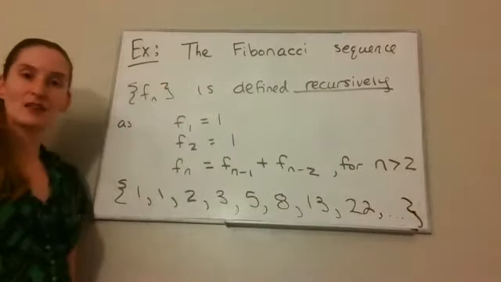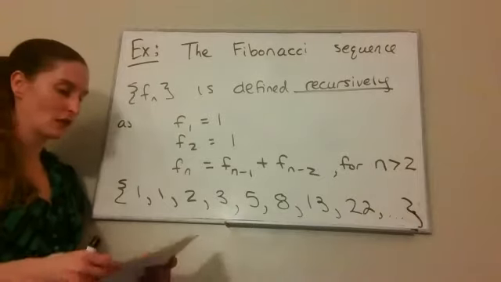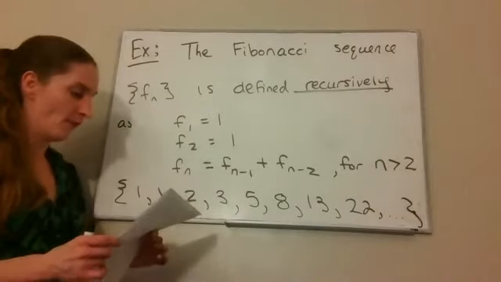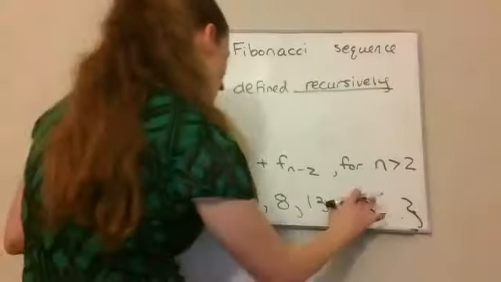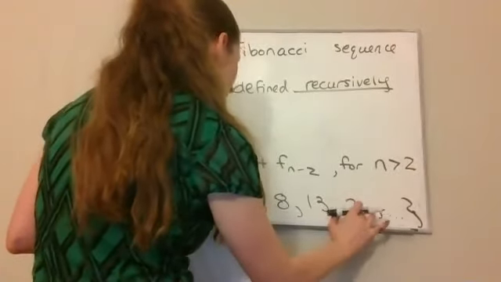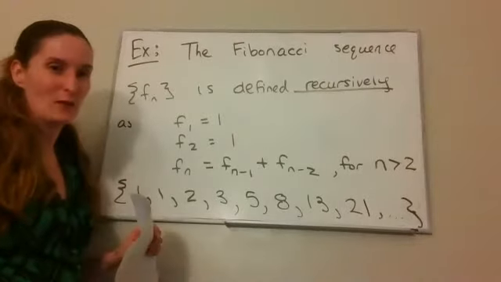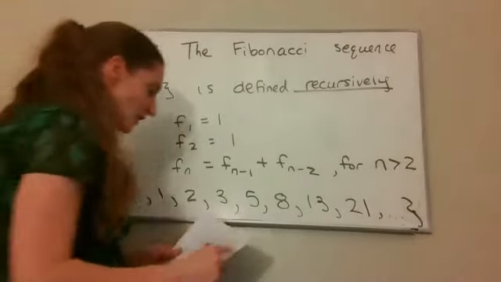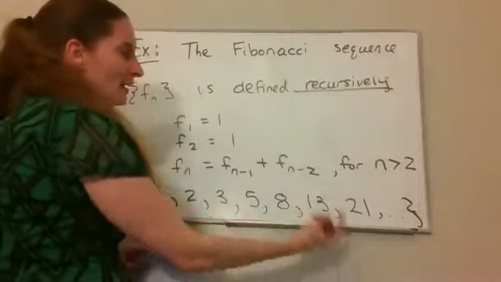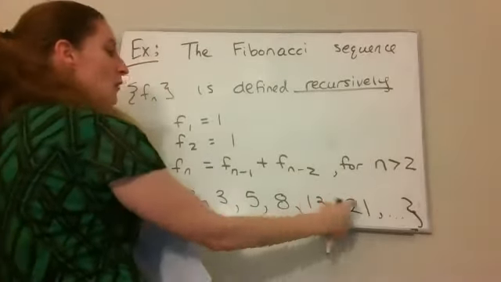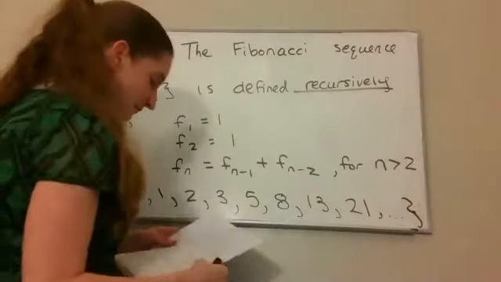You get the next term by adding the two previous terms. Except I can't add. This is not a 22, it is a 21. 13 plus 8 is 21, not 22. But you just get the next term by adding the two previous terms. So my next one would be 34.